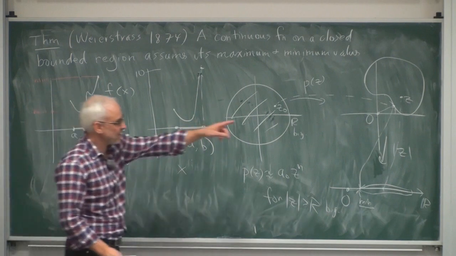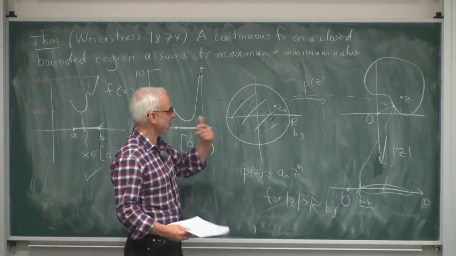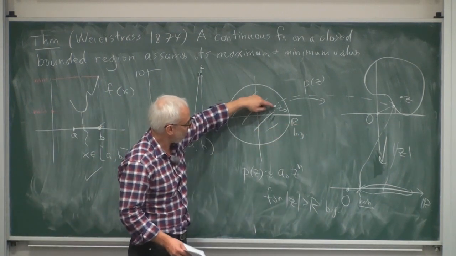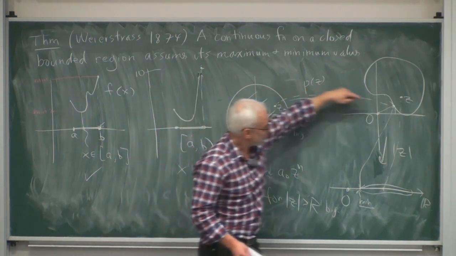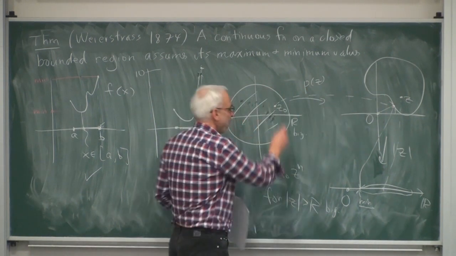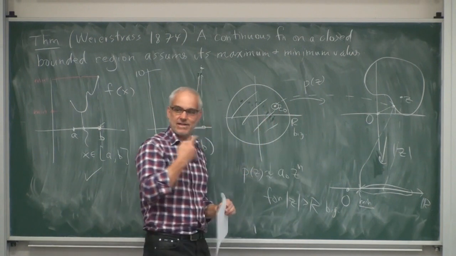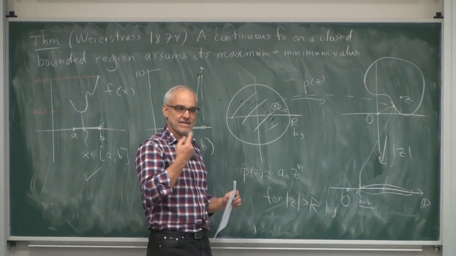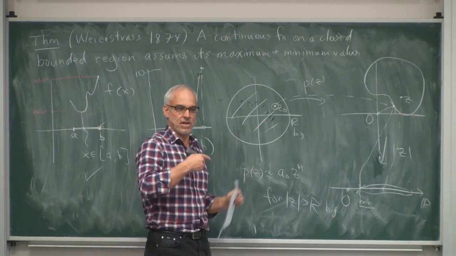Okay, but that now contradicts his lemma, because we just discovered that if Z0, its image is there, then if we look around Z0, we're going to find some point which is closer to the origin than Z0.